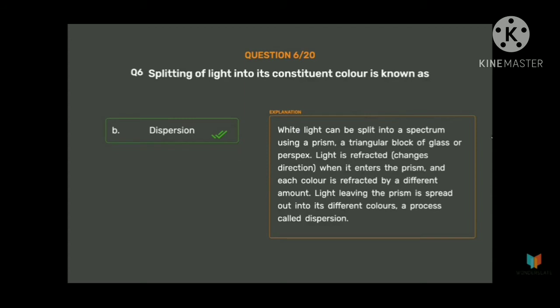White light can be split into a spectrum using a prism, a triangular block of glass or perspex. Light is refracted, changes direction when it enters the prism, and each color is refracted by a different amount. Light leaving the prism is spread out into its different colors, a process called dispersion.